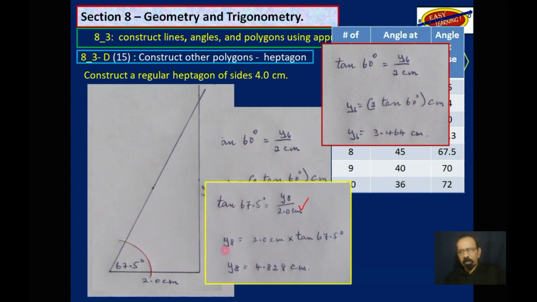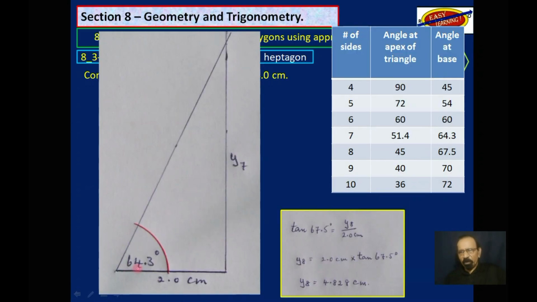If we do the same thing for eight sides, we find that we get 4.828 centimeters. Here, this length here will be 4.828 centimeters. So let's calculate what it will be for seven sides, which is actually 64.3 degrees.